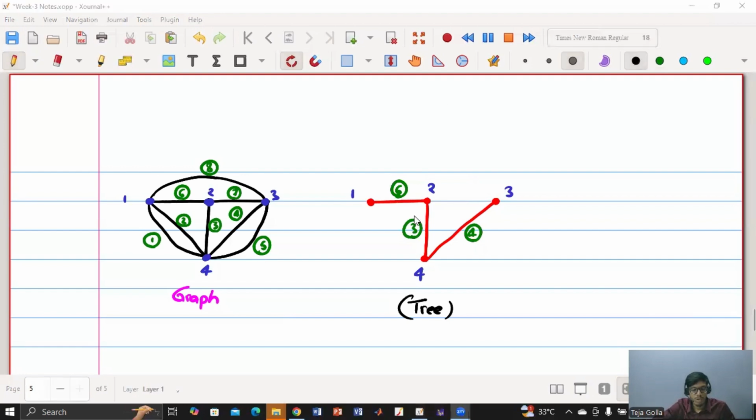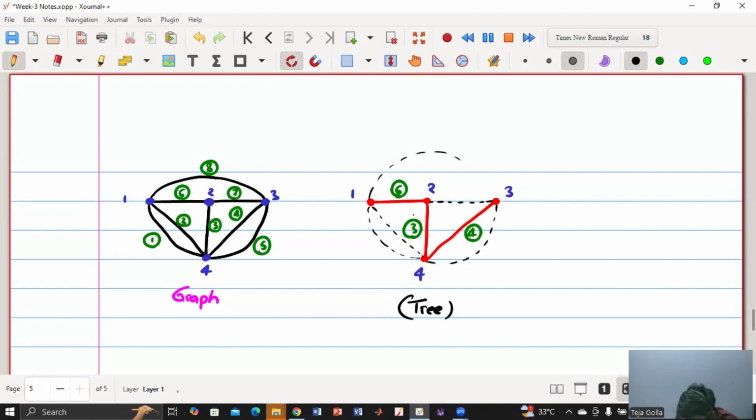So now, what is a co-tree? The elements that are not covered in the tree are branches of the co-tree. So I'll mention the co-tree with the dotted line. So here we have one branch of the co-tree. Here we have one branch of the co-tree. Here we have two such branches of the co-tree.